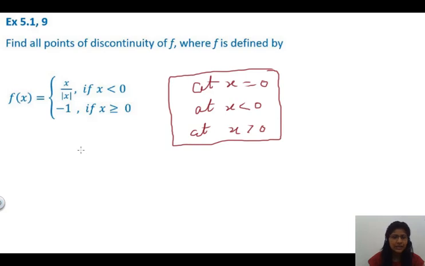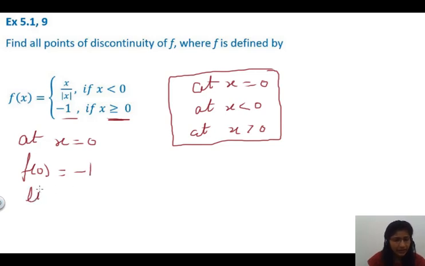Right? Now see, at x equals 0, what is f of 0? It is given to us that when x is equal to 0, the value of the function is -1. So we are going to check now LHL. Okay, let us solve it in a different column. So I am solving LHL. Limit x tending to 0 minus.